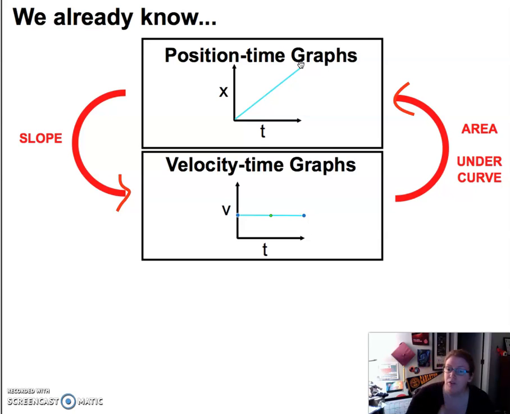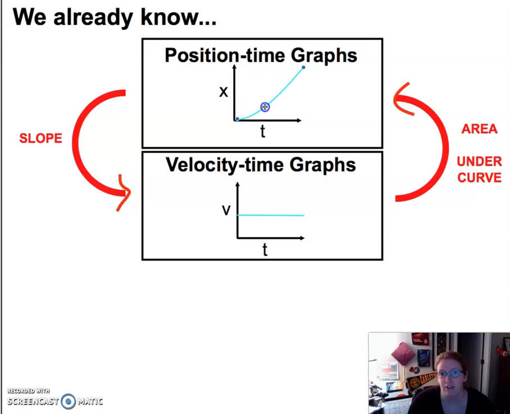Unit 3, we're looking at changing velocities. In fact, things that are a constant acceleration. So acceleration, like you learned in your last assignment, is for when there's a changing velocity. So that would look on a position time graph like a slopey graph, like that.